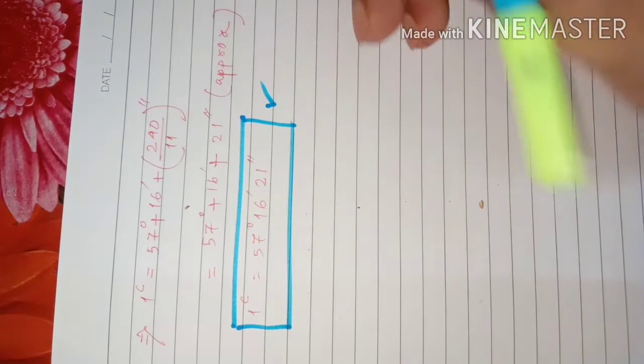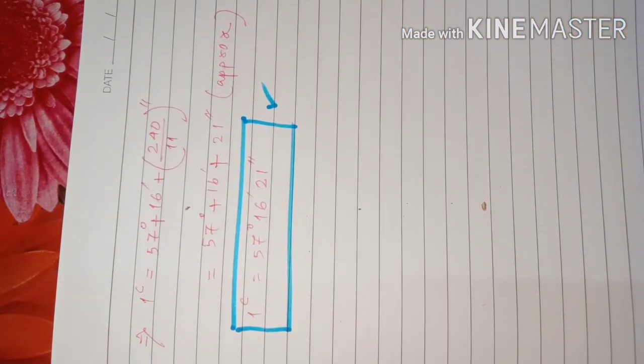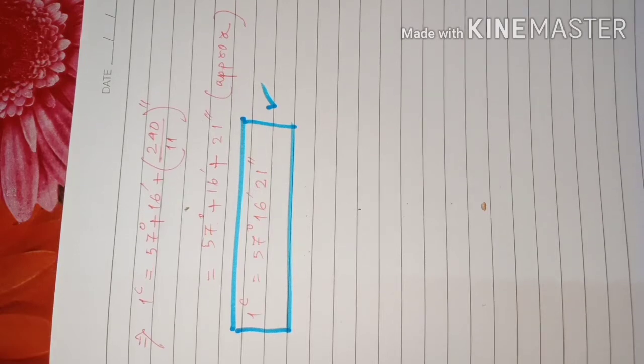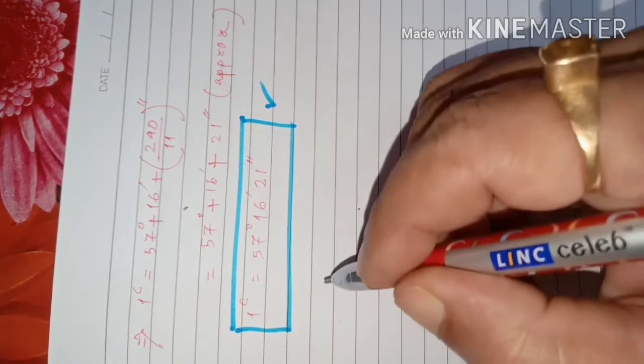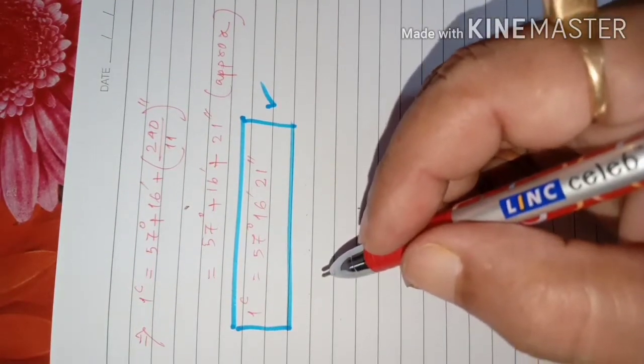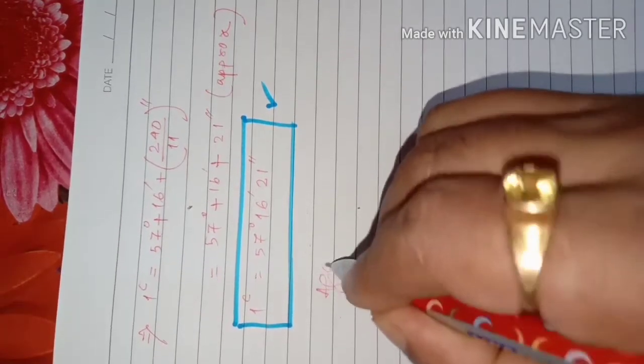Similarly, we can also show 1 degree, you can convert into radian. So let us convert this degree into radian.